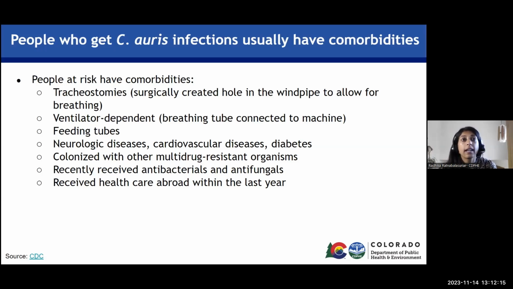They may be colonized with other multi-drug resistant organisms, or they could have recently received antibacterials and antifungals. And then the last point here is we do think of this diagnosis when someone has received healthcare abroad within the last year. All right, next slide, please.